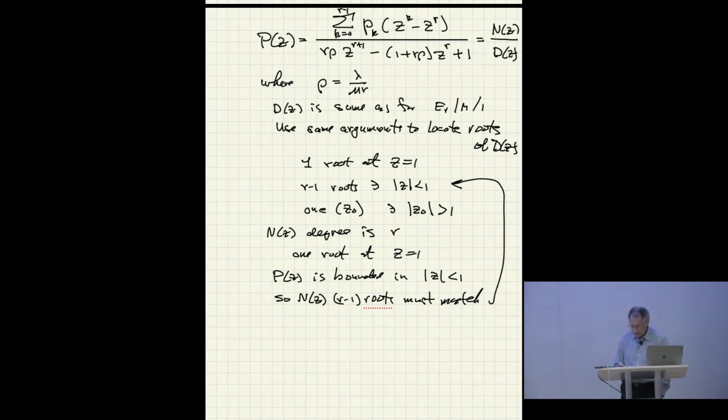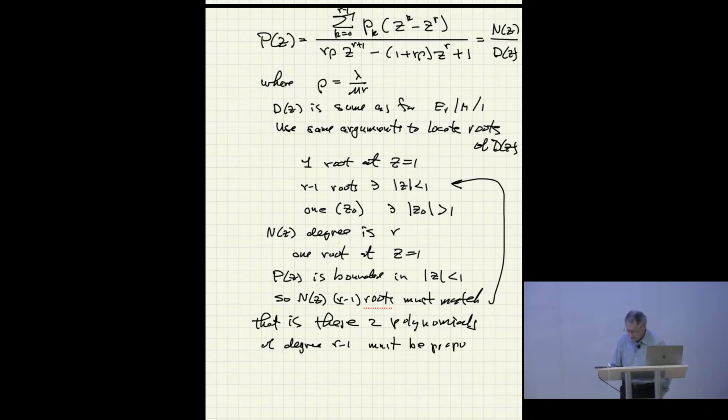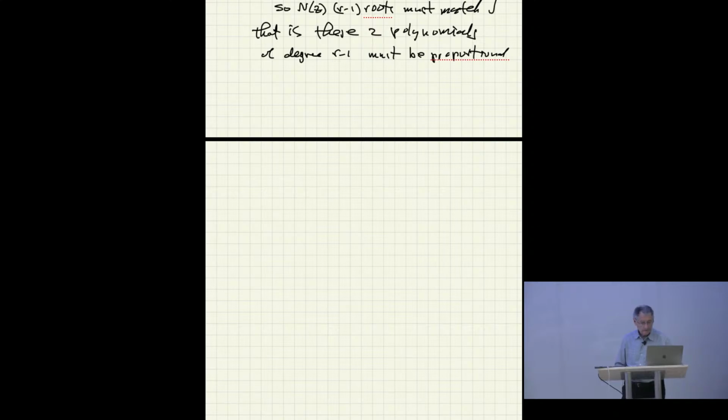That means that these two polynomials of degree r minus 1, what's left over after you take out z equals 1, must be proportional. Using the same kind of argument we did for ERM1. So what can we say? So here's a proportionality constant.